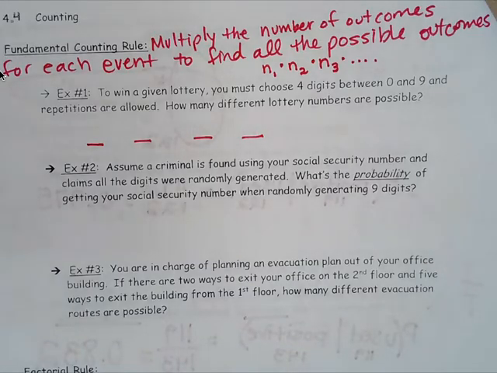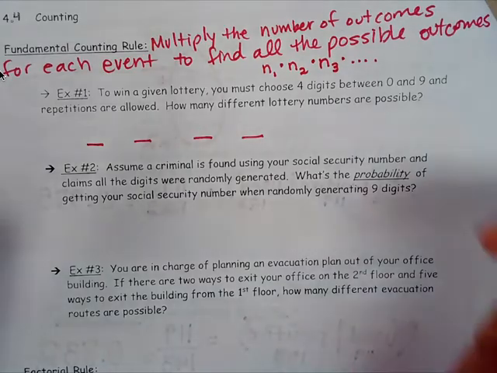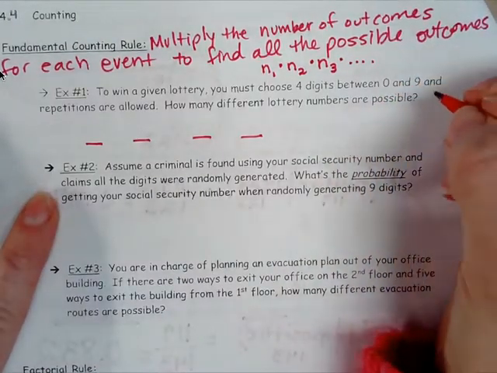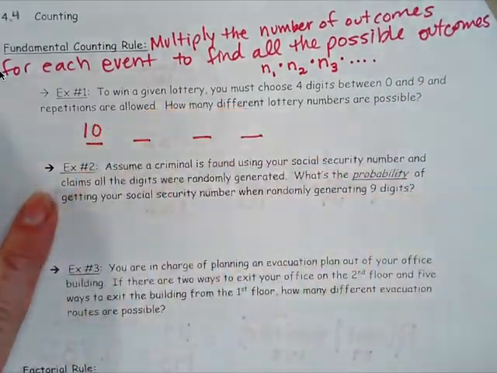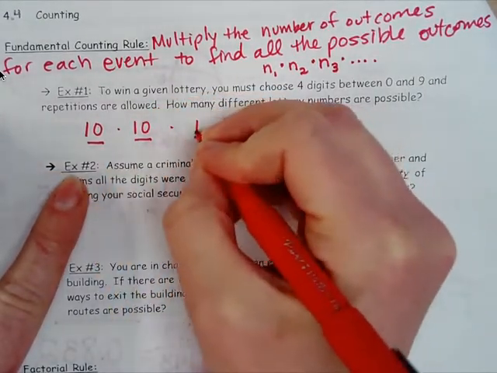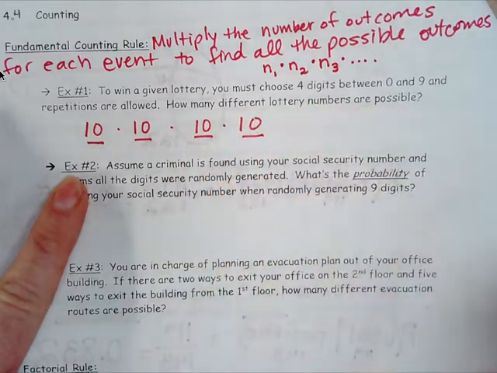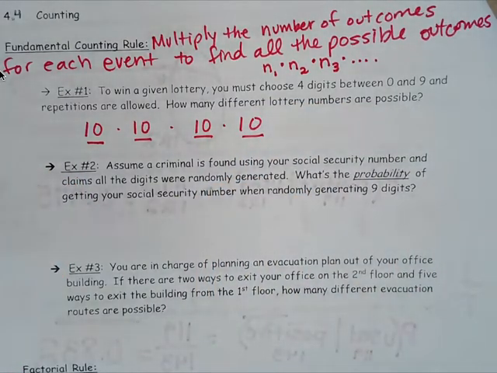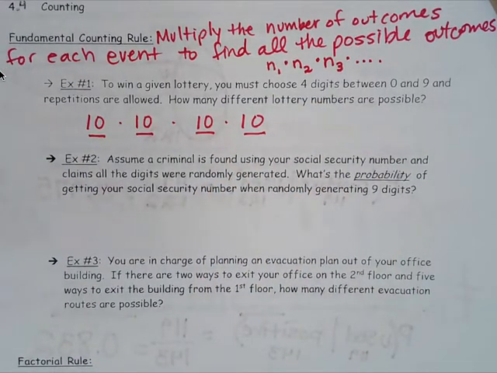And you get to pick numbers between 0 and 9. And so that's a total of 10 possible outcomes for each one of these digits. So 10 possible for the first one, 10 possible for the second one, 10 possible for the third, 10 possible for the fourth. Because it says repetitions are allowed.